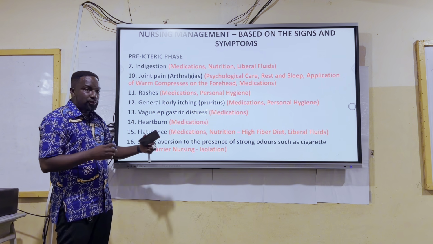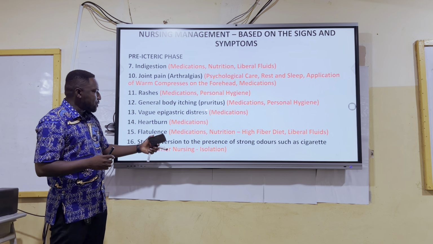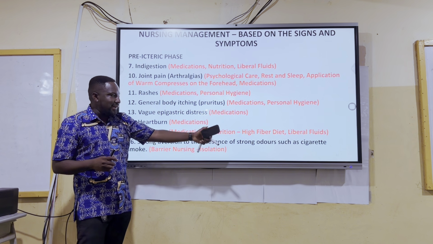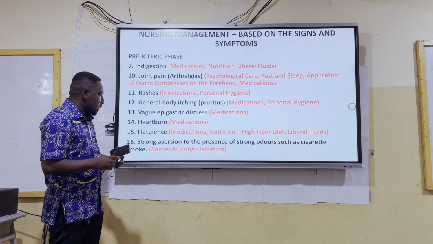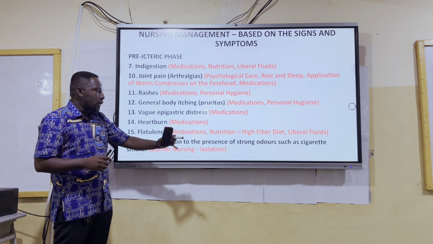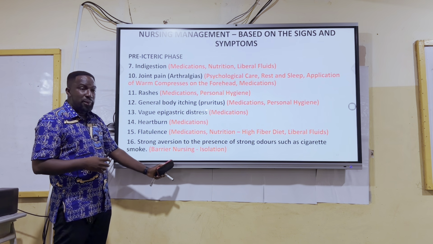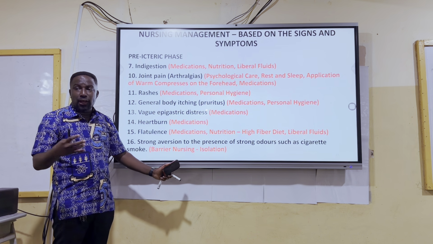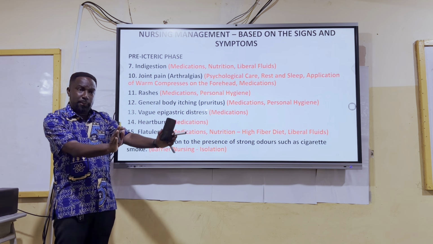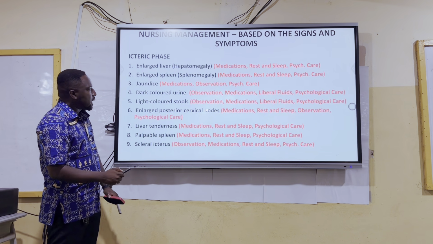Heartburn: also you need to give medications. Flatulence: high fiber diet, liberal fluids, and then medications as well. And then strong aversion for certain odors: there will be a need for barrier nursing. If the person cannot tolerate certain odors, you need to isolate the patient and keep the patient in a separate room.